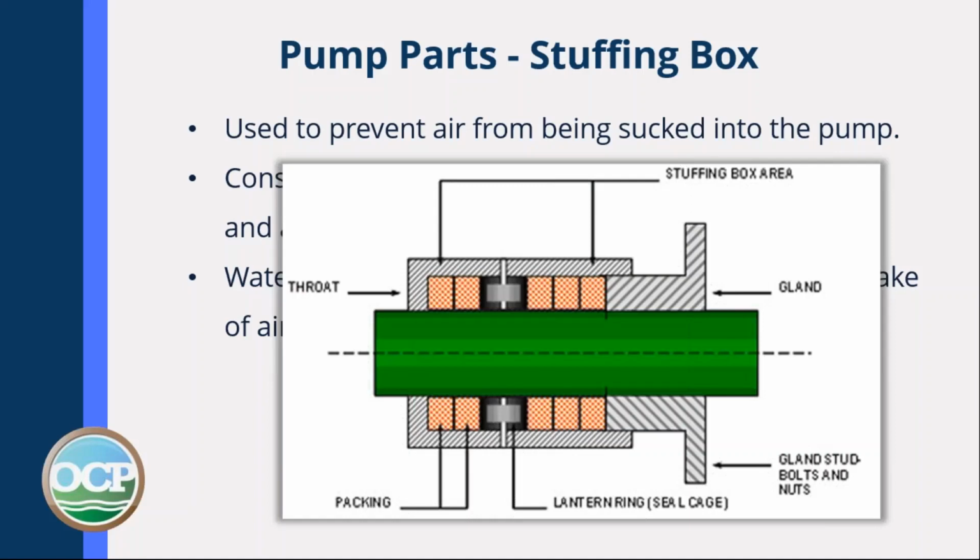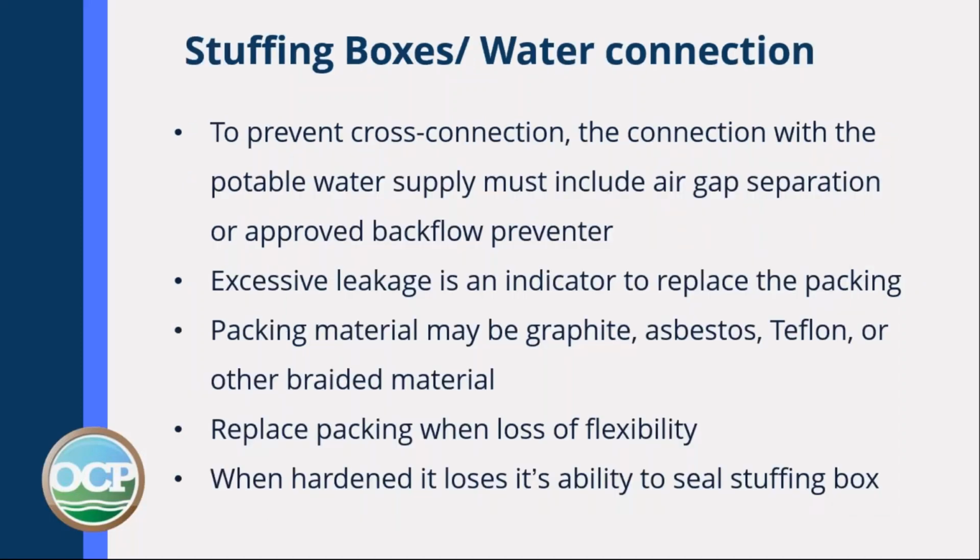There's your packing, the orange rings you see in the pump. The green is your shaft. You can see the lantern rings there too above the shaft. We're going to talk about them in just a minute.